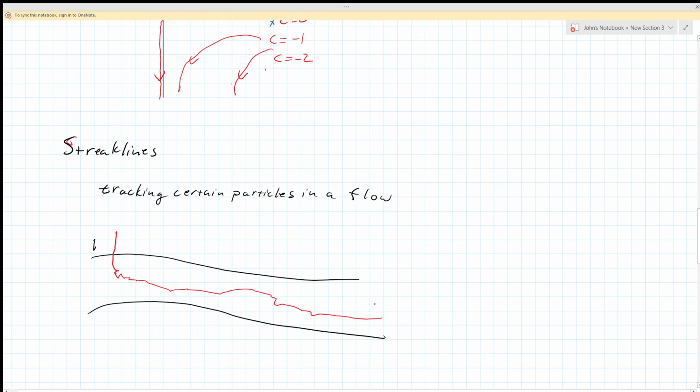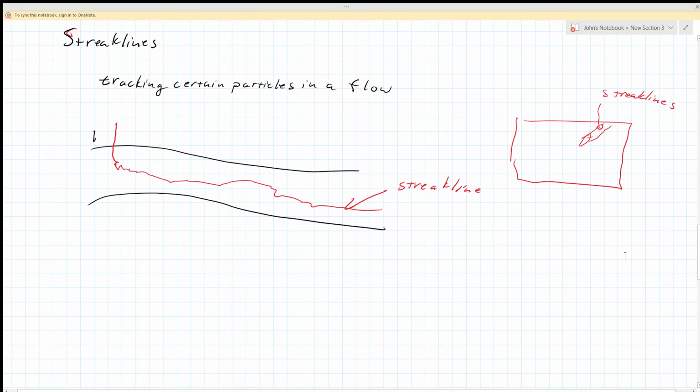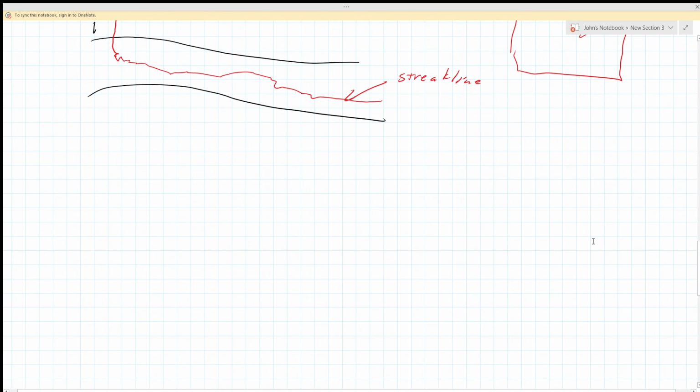That red line here would be a streak line. And if you've noticed, like you have a car window here, and you have a droplet going down that's left some sort of path behind it, that path here on your window would be a streak line. That's why those on your glass are called streaks. So, fun fact there for you. There's a mathematical reason behind it.